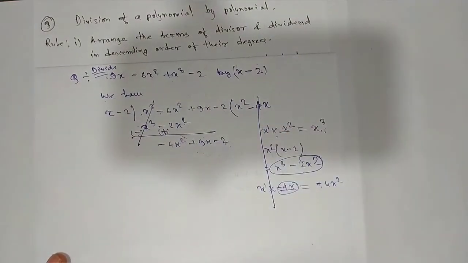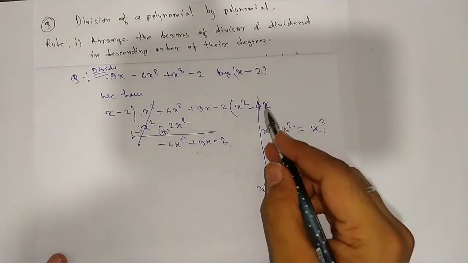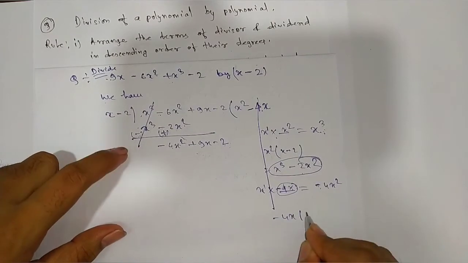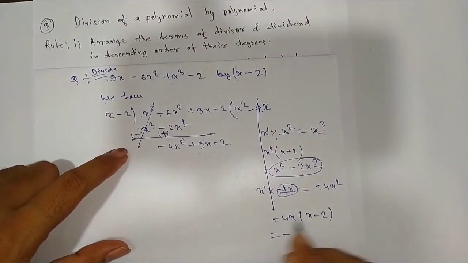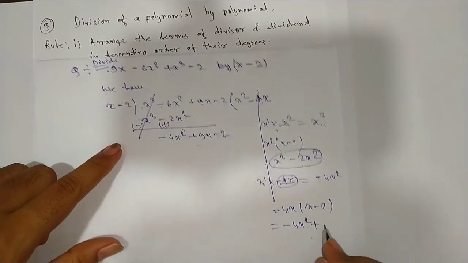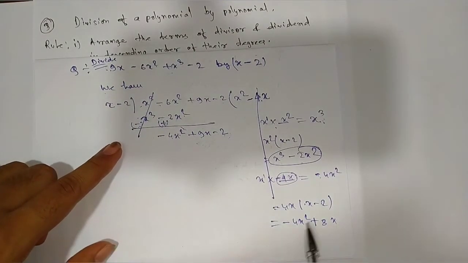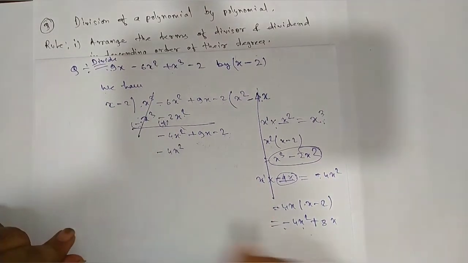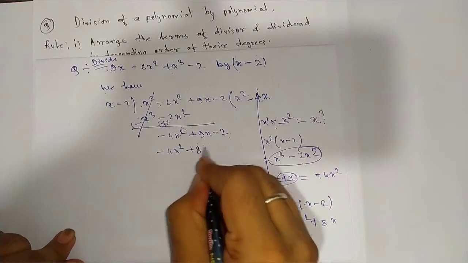So your part is minus 4x. Check this minus 4x, multiply with this, that means minus 4x will be multiplied with x minus 2, will get here minus 4x square, minus minus will be plus, 4 twos are 8x. So minus 4x square plus 8x.